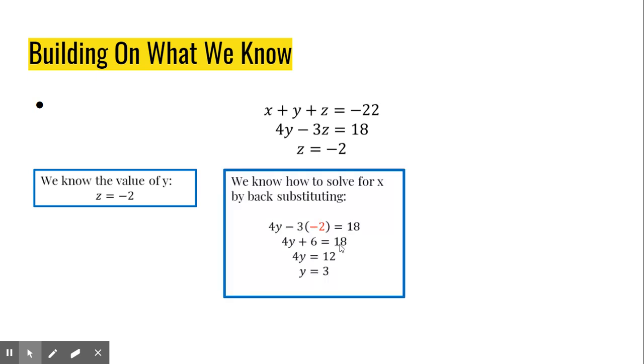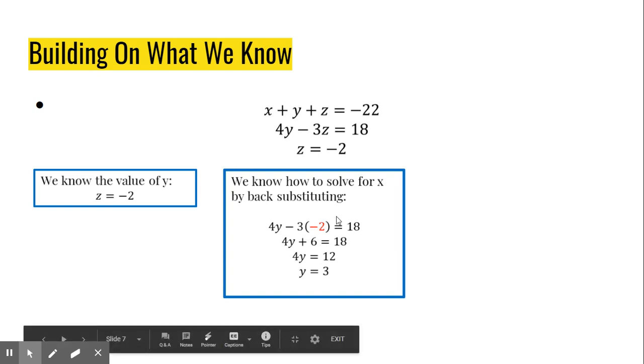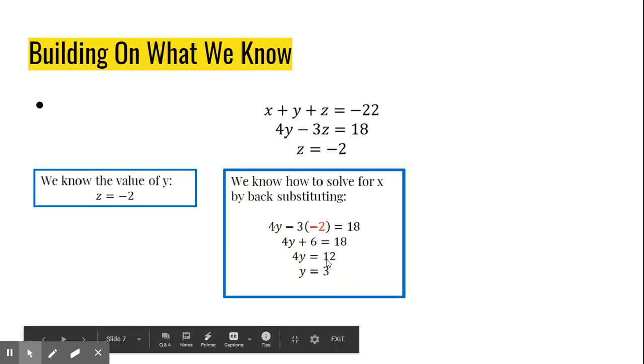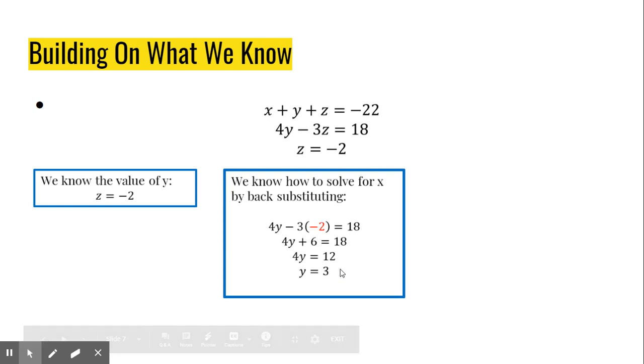We can use that information to solve for y using the second equation. 4y minus 3z is equal to 18. We are going to do just like we did before and substitute -2 for z and end up with a value for y equal to 3.